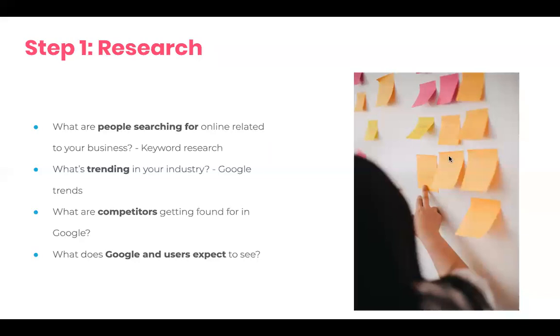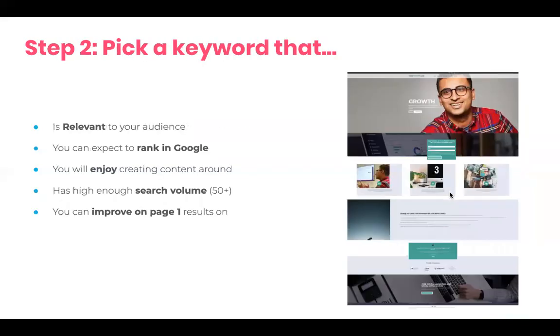Step 2 is pick a keyword, right? You've done all the research, you've got some ideas, you've brainstormed a number of choices. Now go ahead and pick a keyword that is relevant, that you can expect to rank for, and that you're going to enjoy.